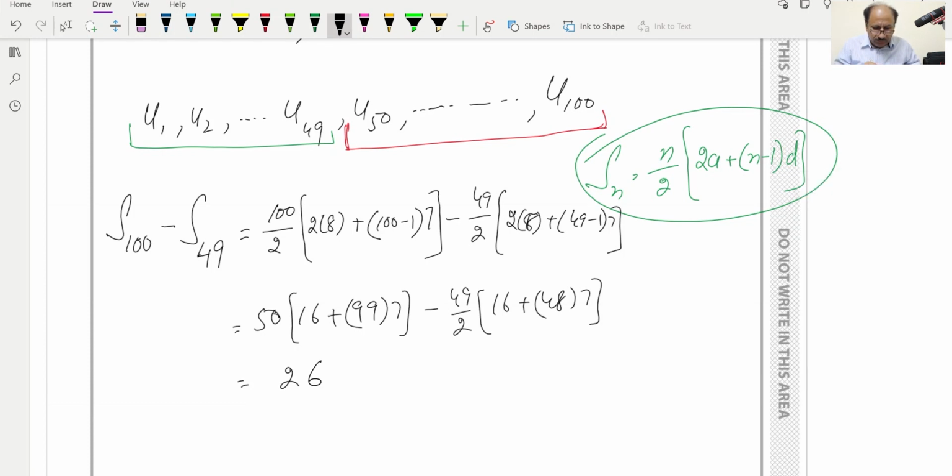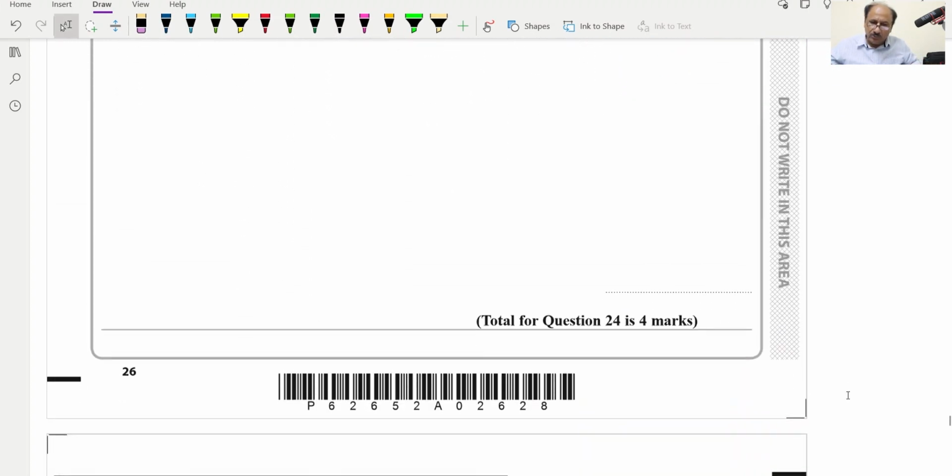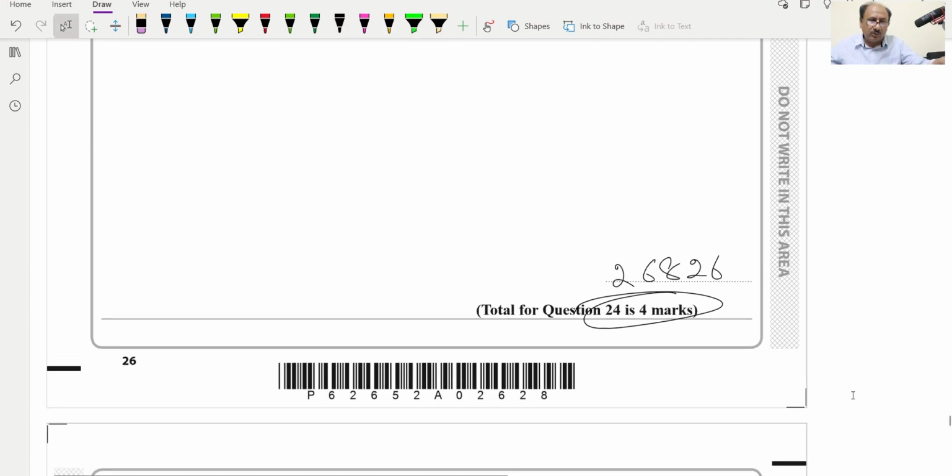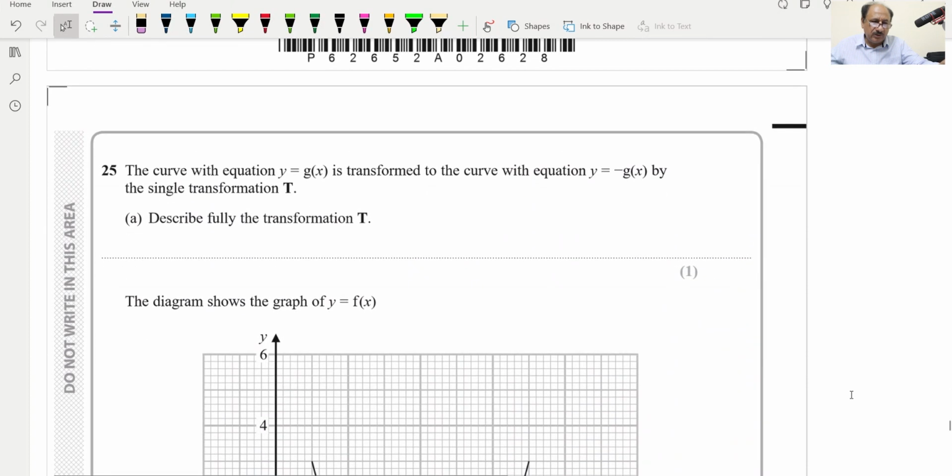So 26826 will be the sum which is required. This is question 24, a 4-mark question, which we are done.